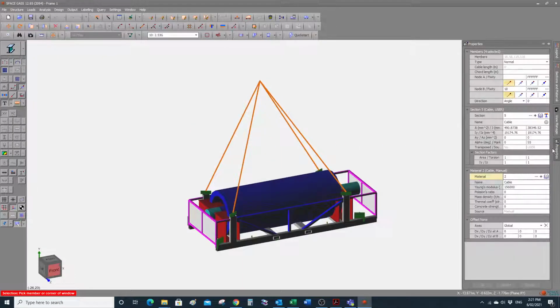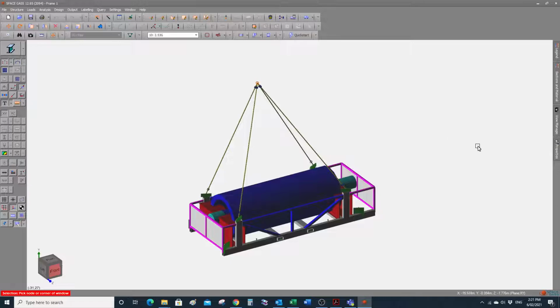Therefore, we have to release all the moments at the end of the slings. So you can see at the first end I released only Y and Z components of the moment, and for the other end I released all three components of the moment. This way, these sling members or cable members will only have axial forces.